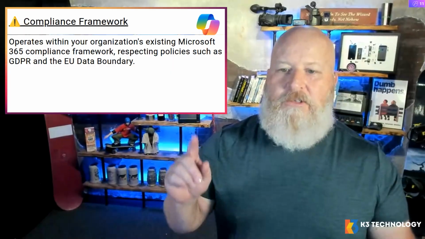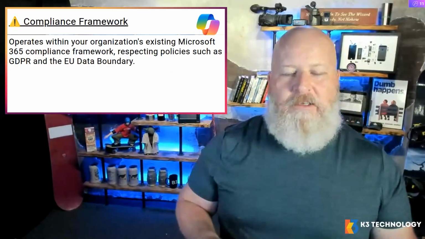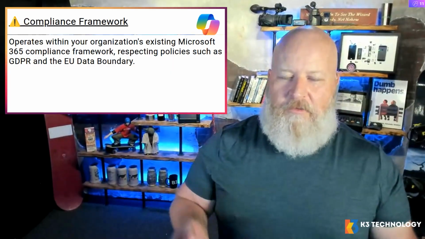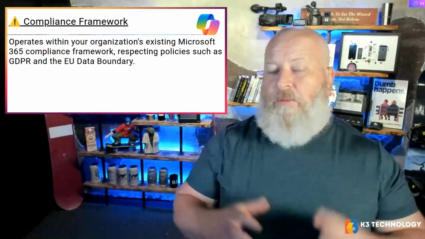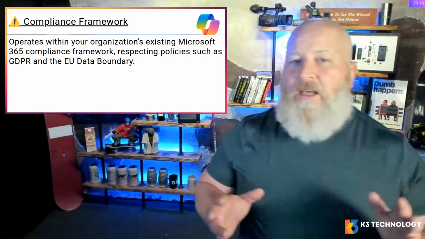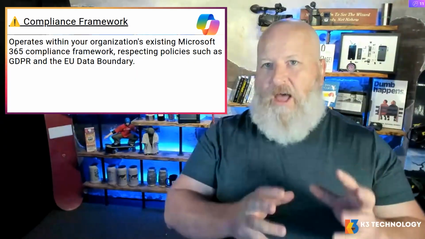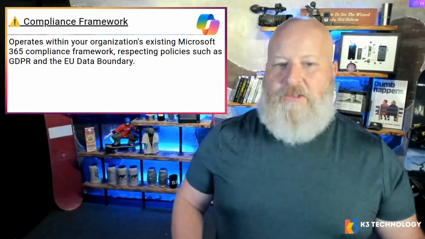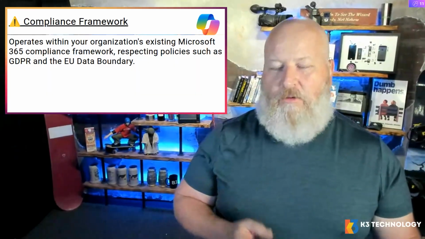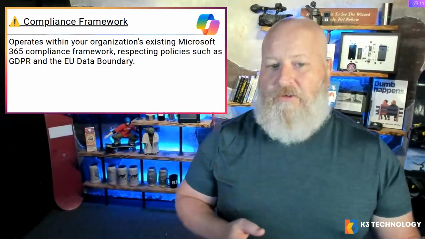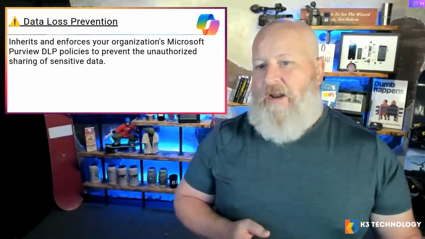Now, the reason there's a little yellow triangle next to that is because this is if it is configured correctly. That's a broader problem, obviously, but this relies on whether my policies are configured correctly within the Microsoft tenant. Same thing goes for data loss prevention, right?